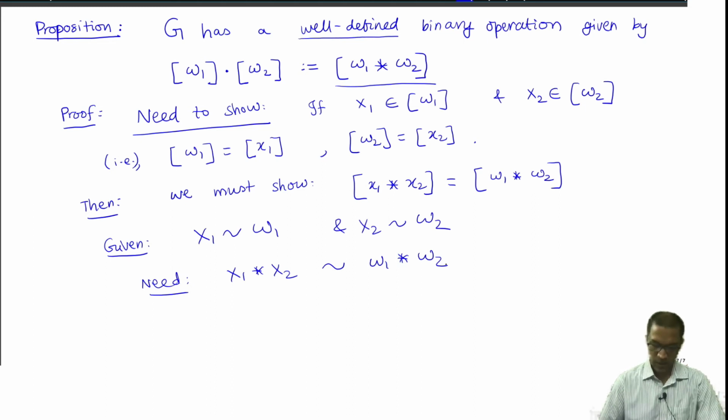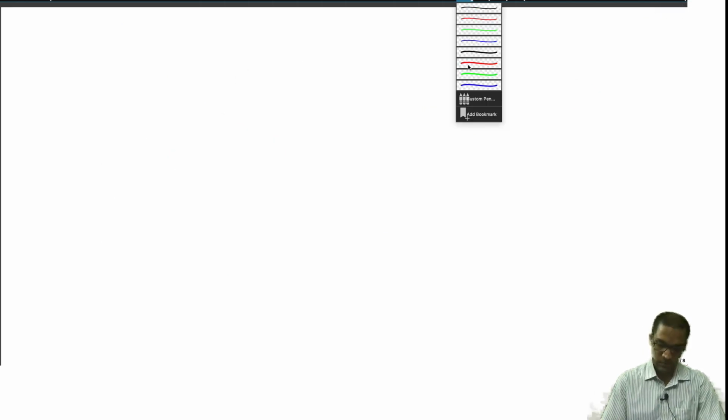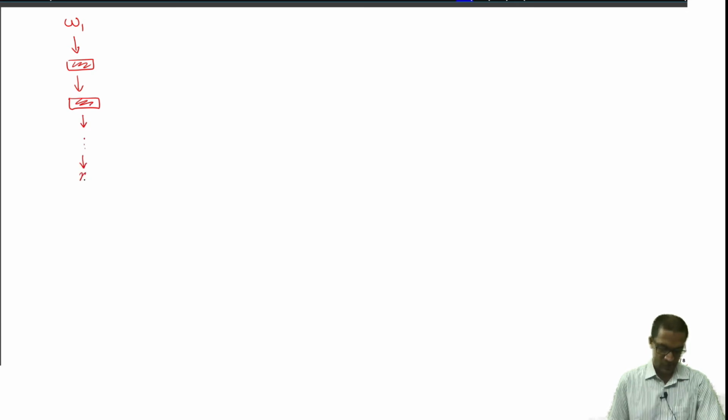Okay. So what does equivalent mean? It means there is a chain starting with w1 and ending at x1, in which each intermediate step is obtained from the preceding one by an application of a basic rewriting rule. Okay. So let's write that down. So step 1, I start at w1, and I use my basic rewriting rule. I get some word. I use again one of the other rules, it becomes some other word, etc., till I finally am able to reach x1.